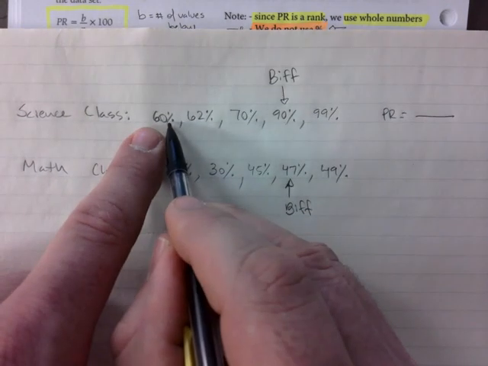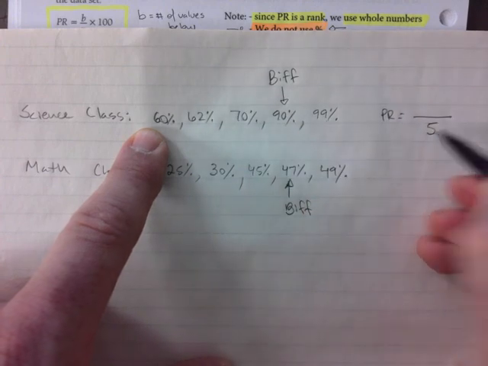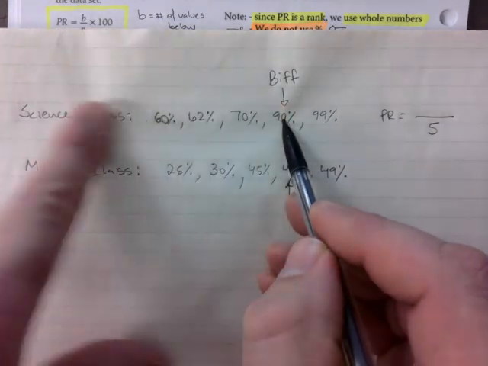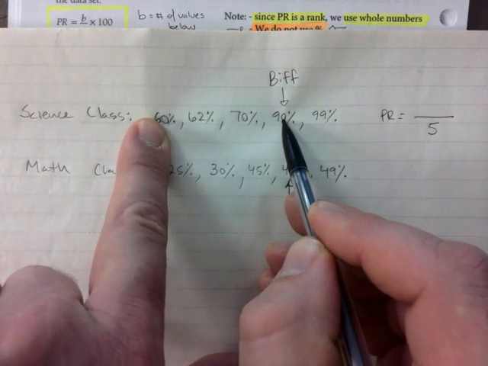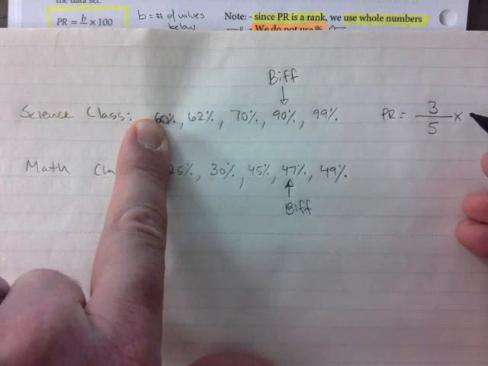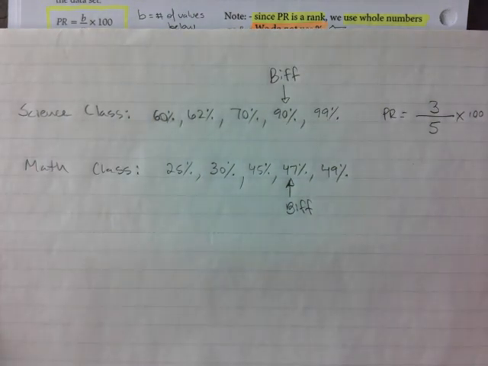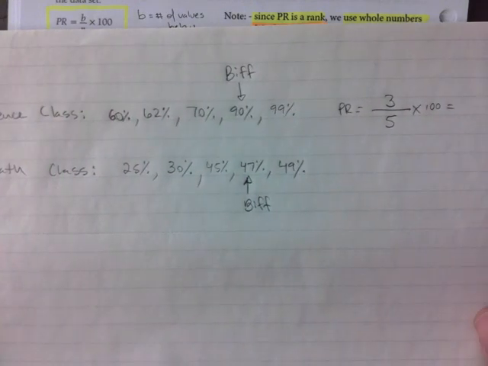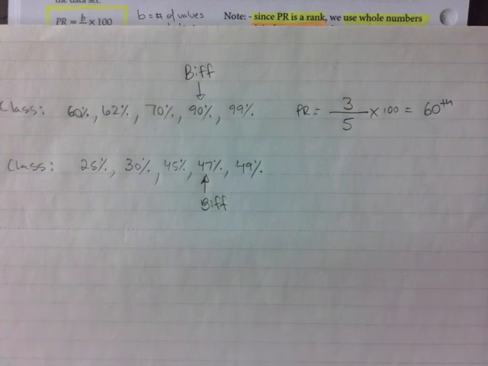How many students are we considering? 1, 2, 3, 4, 5, correct? How many scored less than Biff? 1, 2, 3, correct? What's 3 divided by 5 times 100? 60? Yeah. So you would go 60th.